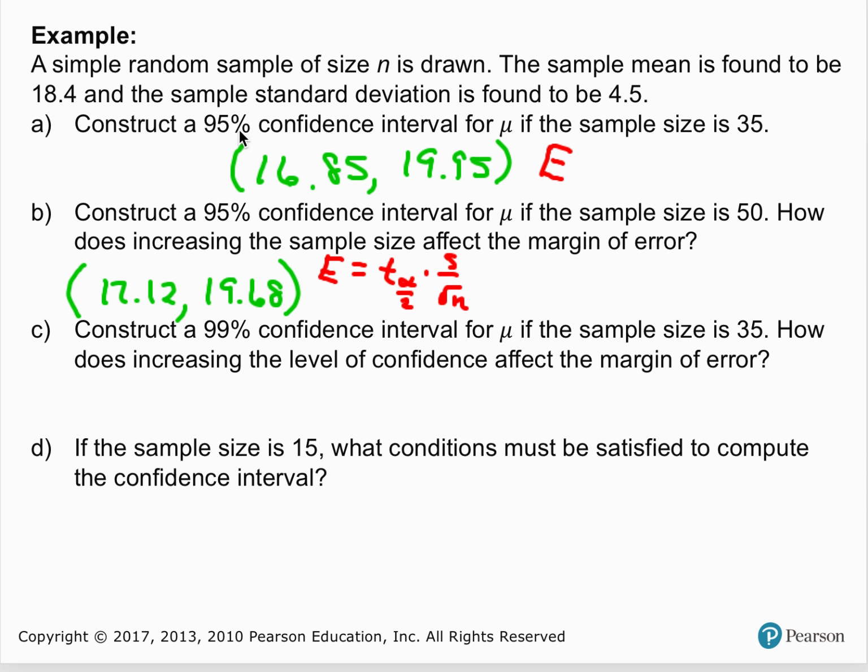Okay, we want 95%. So that means let me get my chart. 34 degrees of freedom, 0.025, 2.032.